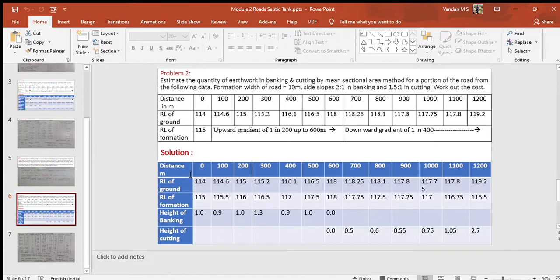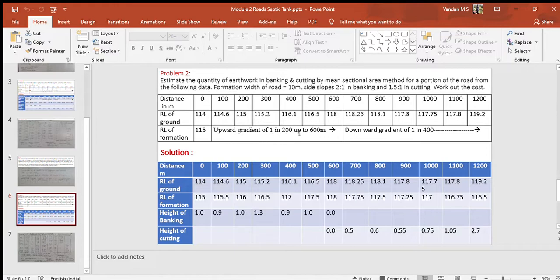Now coming to the solution part, the first two rows are copied from the problem data. Look at the third row. The RL of formation at 0 chainage is 115 meter. The RL of formation at subsequent chainages at 100 meter intervals is calculated based on the upward gradient given as 1 in 200.